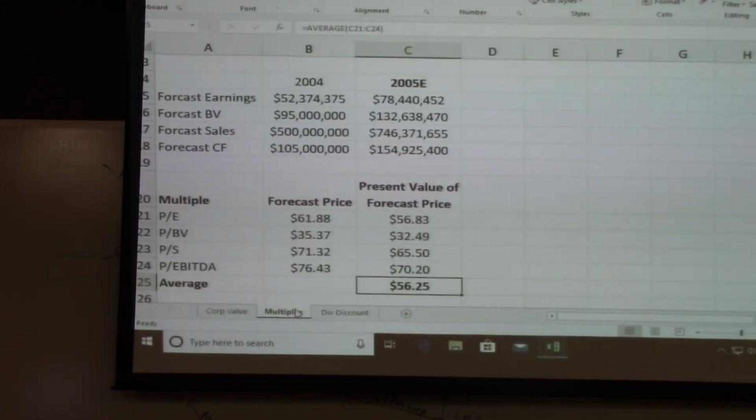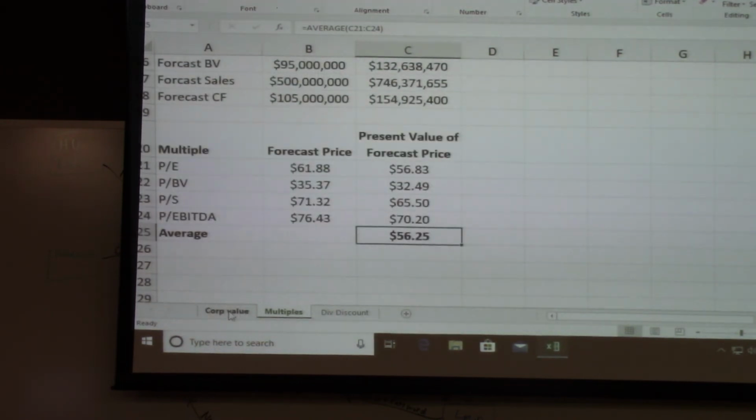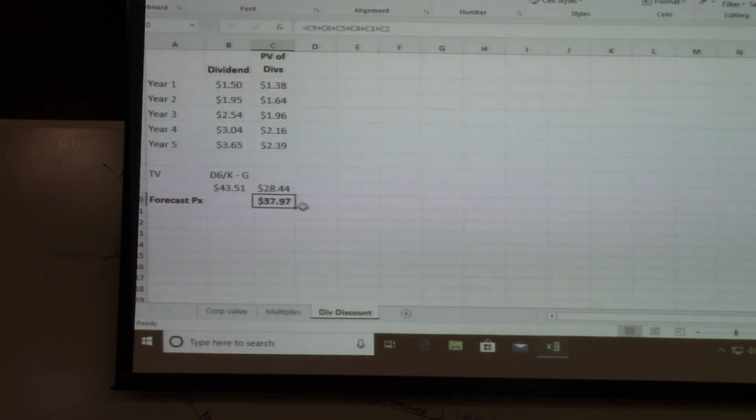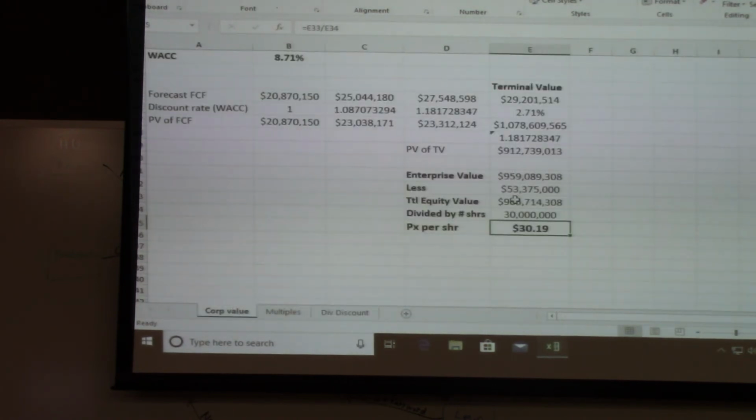And so let's throw out the $56. It's too high. And all of these numbers change because the cost of equity and the CAPM change. So that goes to 56, that goes to 38, and the corporate value model goes to $30.19.